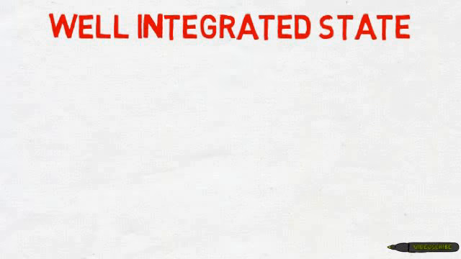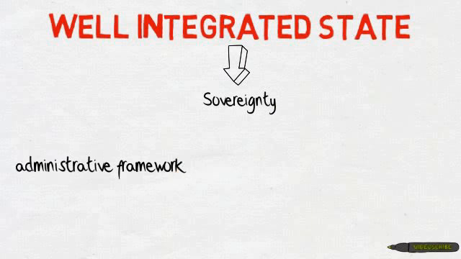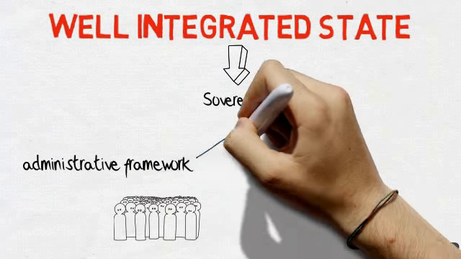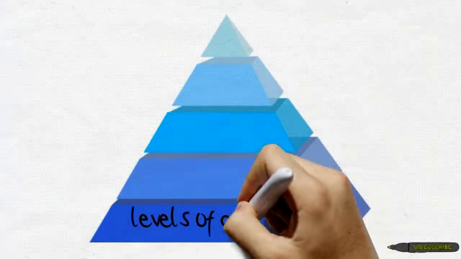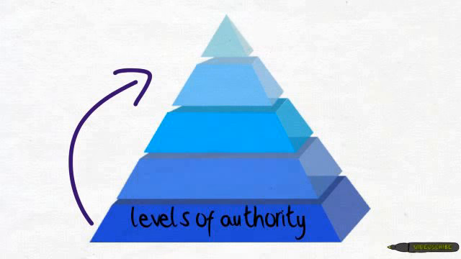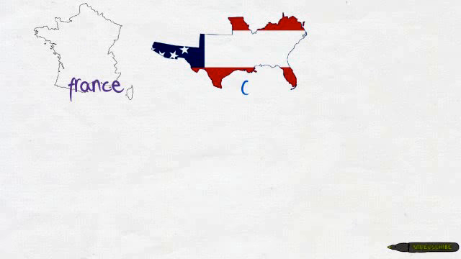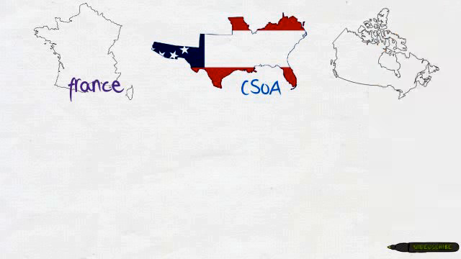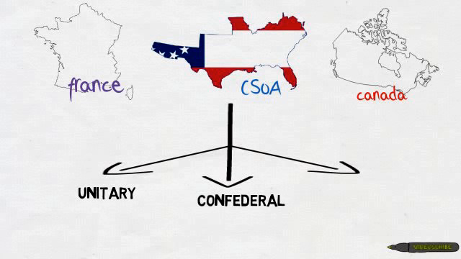A well-integrated state not only has sovereignty, it also consists of an effective administrative framework. Every state has multiple levels of authority, though the distribution of power within a state varies widely. States may be categorized into three types according to their distribution of power. There is a unitary system, a confederal system, and a federal system.